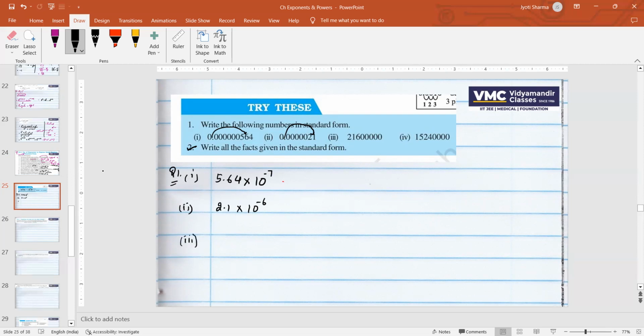And the third one is 2.16 into, because now the decimal we are going from here to here, so 1, 2, 3, 4, 5, 6, 7. Fourth one is 5.124 into 10 to the power 1, 2, 3, 4, 5, 6, 7.